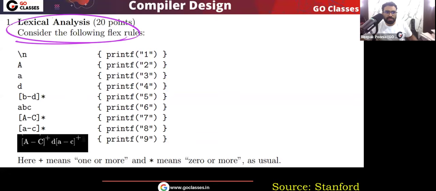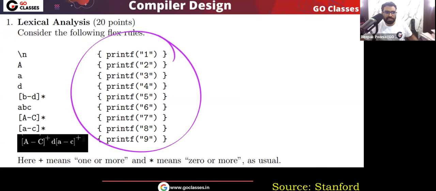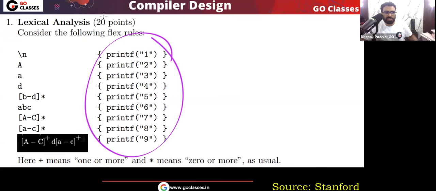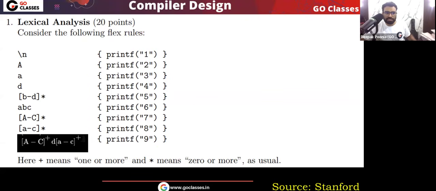In this question, some lexical specification, or I can say some lexical rules, are given to us. These are the tokens, token 1 to 9, and these are the associated regular expressions. You can see here that this is the new line character. In this particular lexical analyzer, for the new line character also we generate a token.